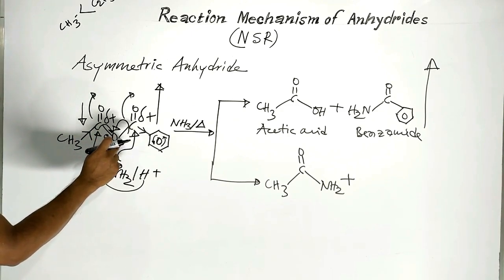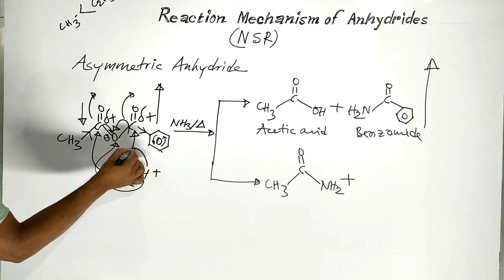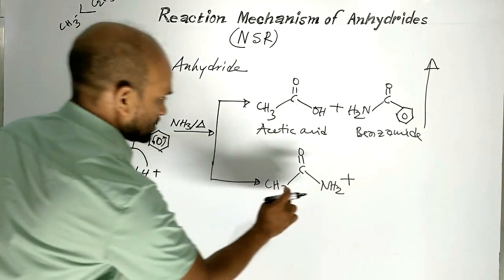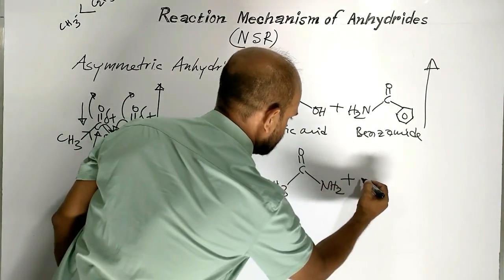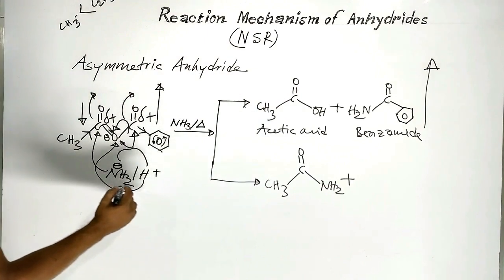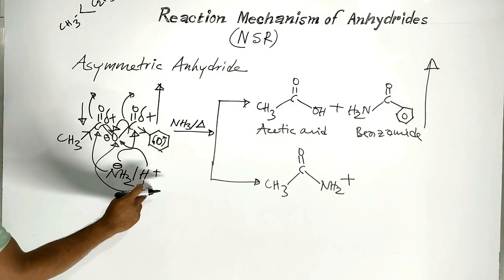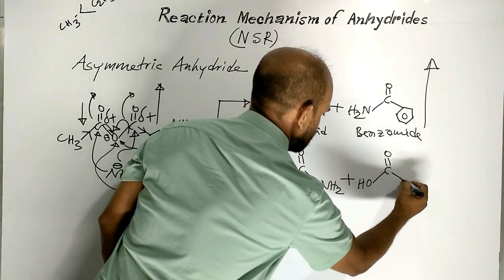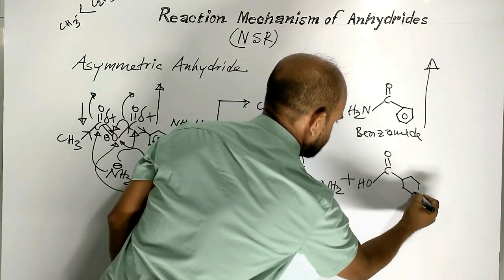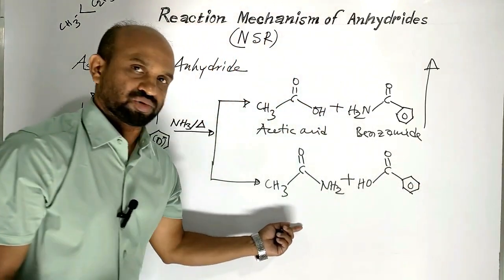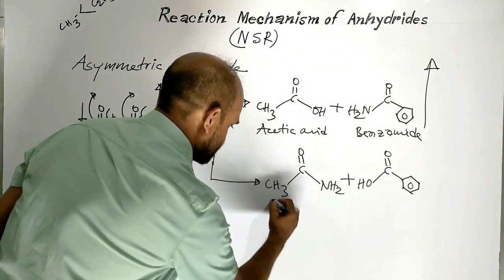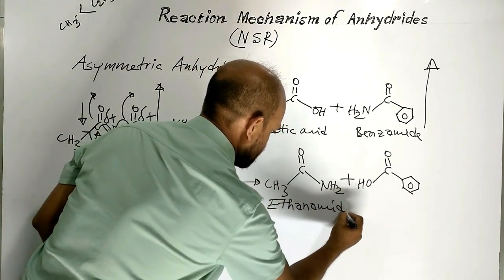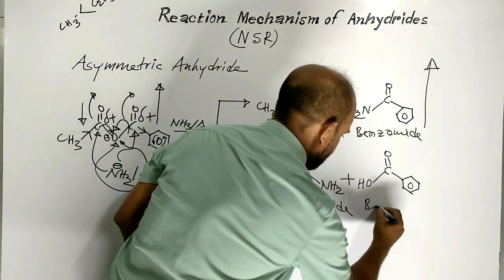Oxygen will become negative in charge. Proton will attack this oxygen. Then we will get ethanamide, and here we will get oxygen with hydrogen. These compounds, that is, this is ethanamide and this one is benzoic acid.